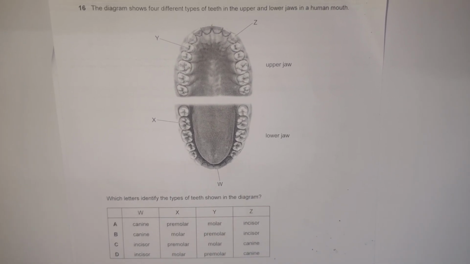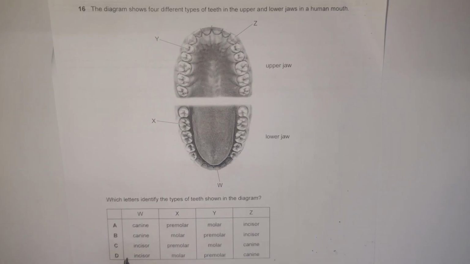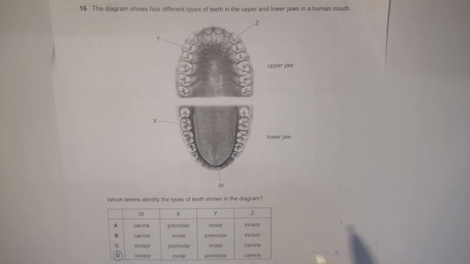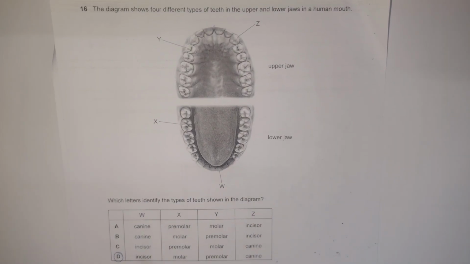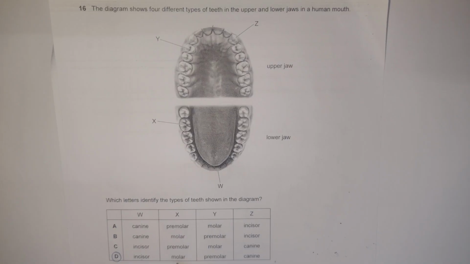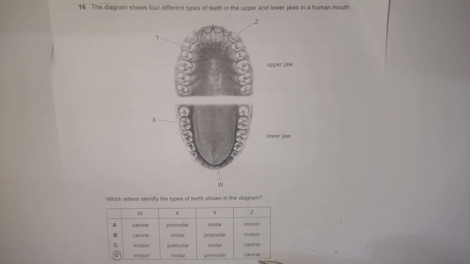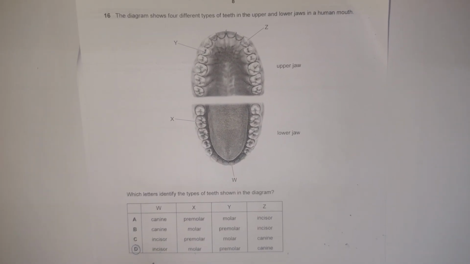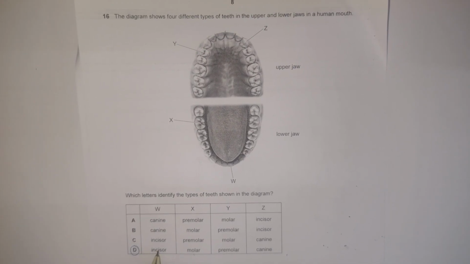So the answer to this question is: W, these are incisors. X is referring to molar. Then Y is referring to premolar. And Z is referring to canine. Let me tell you the detail of these. Incisors.